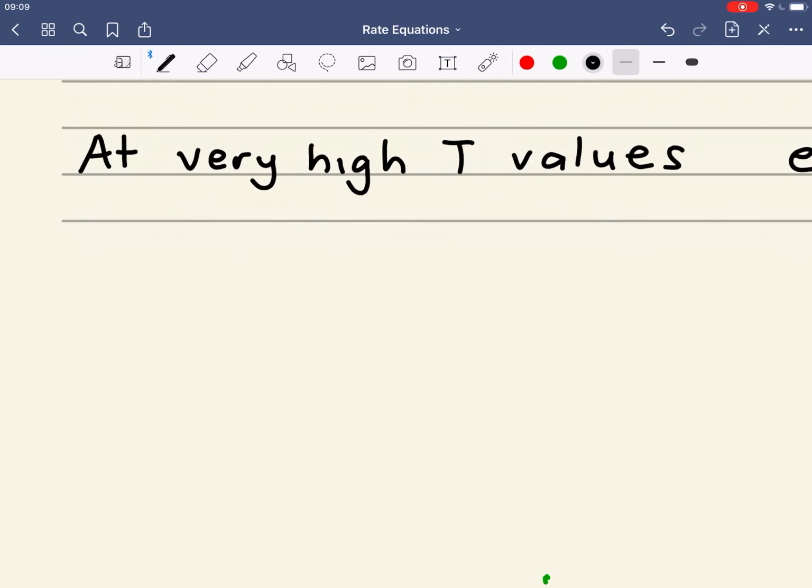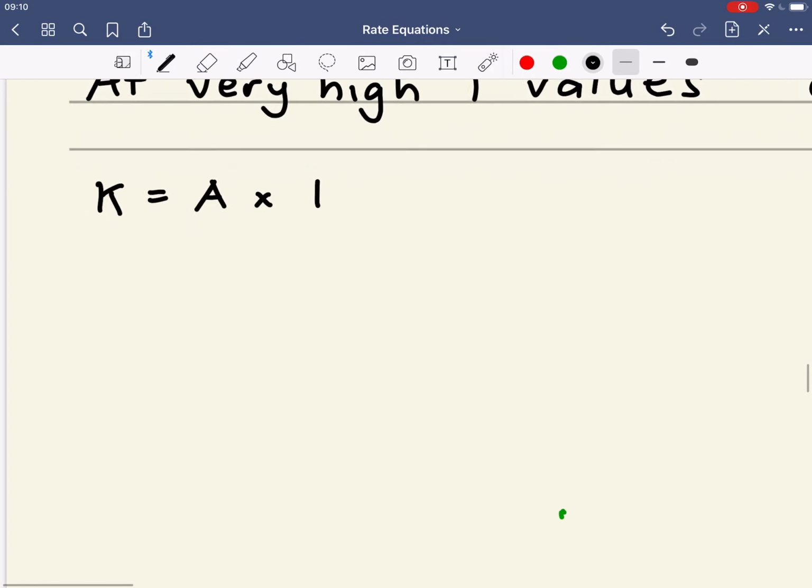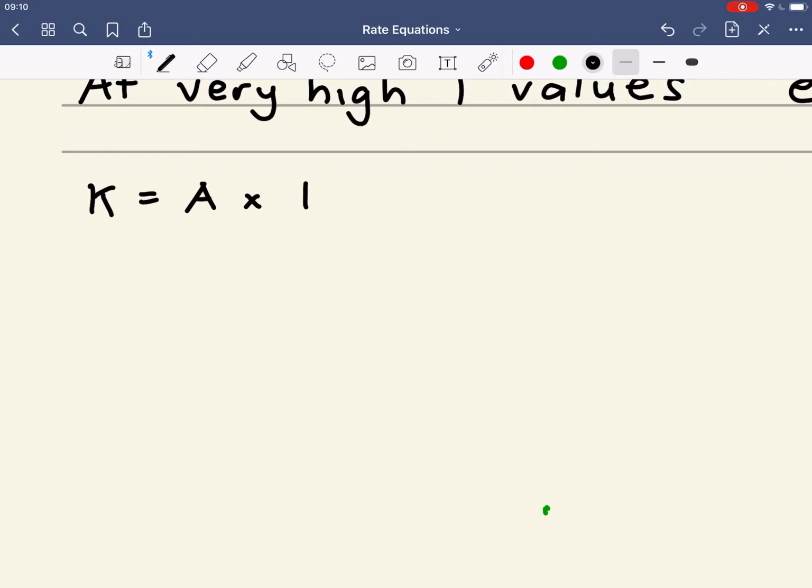What that means then is at very, very high temperature values, all the collisions are successful. So now K is going to be equal to A, because at very high values this fraction is equal to 1. What that tells me then is that at infinitely high temperatures, all the collisions are successful and K becomes equal to A. What that tells me then is what A actually is.